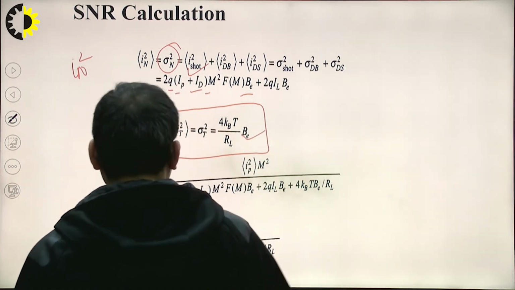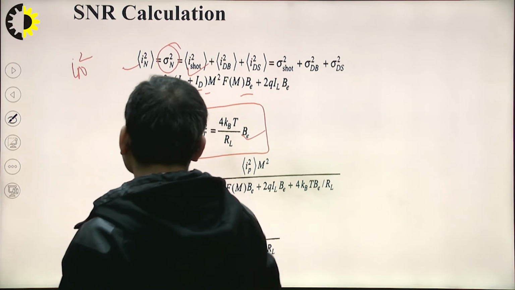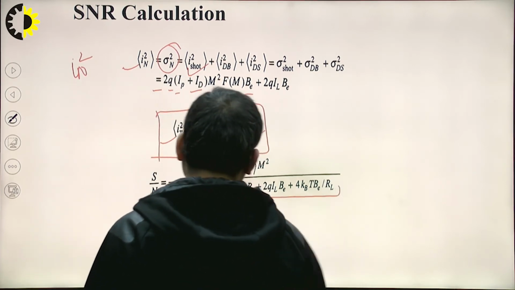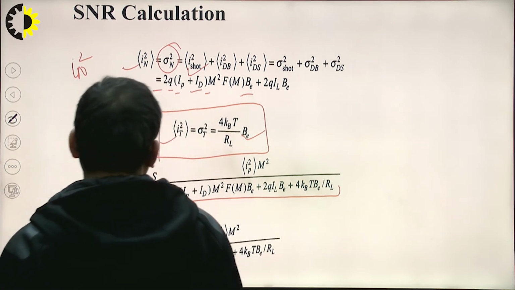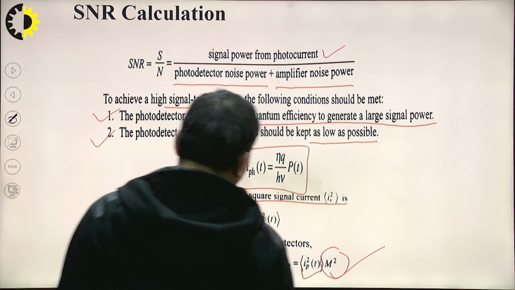Substituting the values of the noise power and the thermal noise power, we get the total noise power in the denominator. In the numerator, the signal power is nothing but IP square into M square.